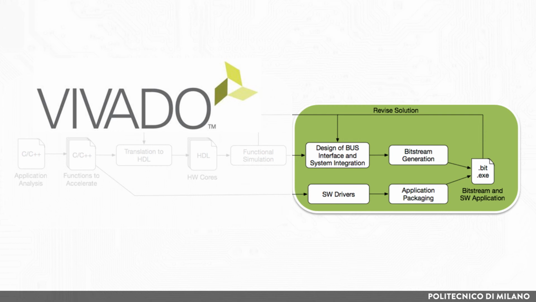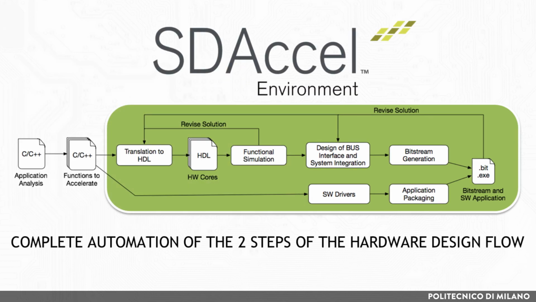Although Vivado and Vivado HLS have been around for many years, only recently Xilinx has released a tool that is capable of completely abstracting the two steps of the hardware design flow. This tool is exactly what we are looking for, our Xilinx SDAccel. It automates the great majority of both the high-level synthesis and the system-level design steps, increasing the overall productivity.